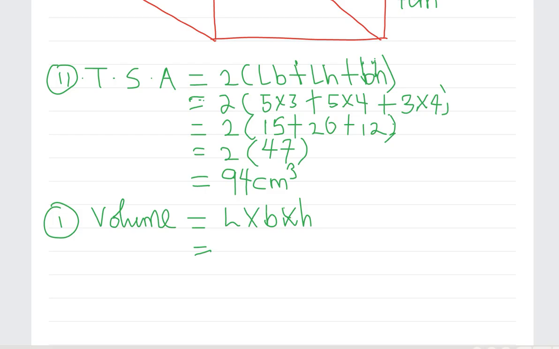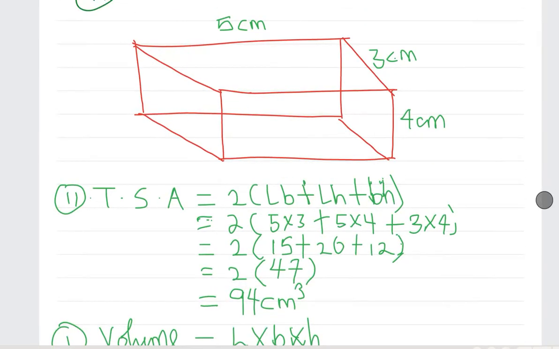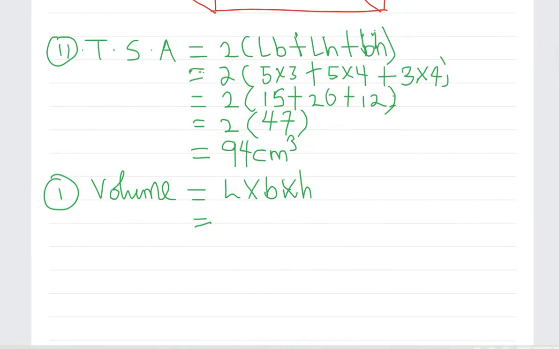what would that give us? What's the length? The length is 5, 3 and 4. So this is 5 times 3 times 4. 5 times 3 is 15, 15 times 4 should give us 60 centimeter cube.